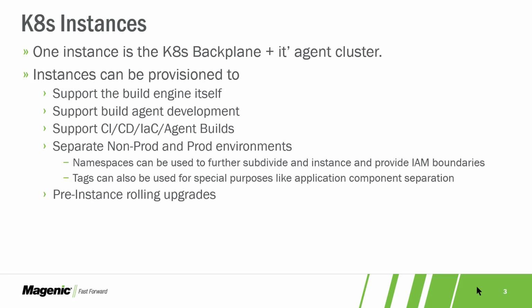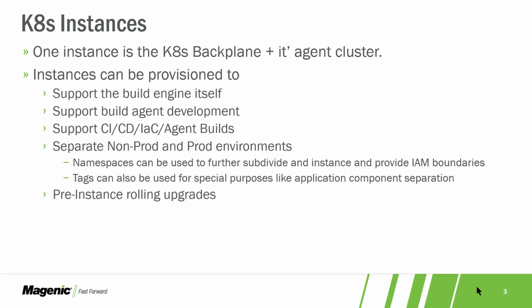And so why would you provision different instances instead of building one Uber instance of Kubernetes? Well, you might want to have one that is just the build plane, the build engine. So just the things we're going to talk about. You might want to have one that's a non-prod version of that same environment, where development of the build agent pipeline happens separately from our production one, which development and infrastructure teams count on to be up and reliable.